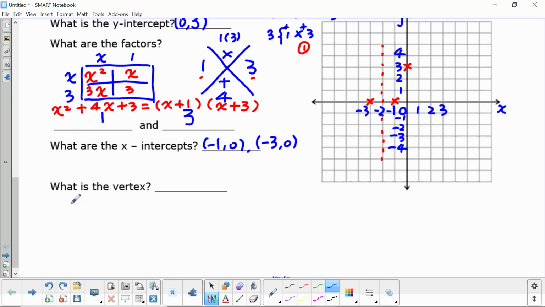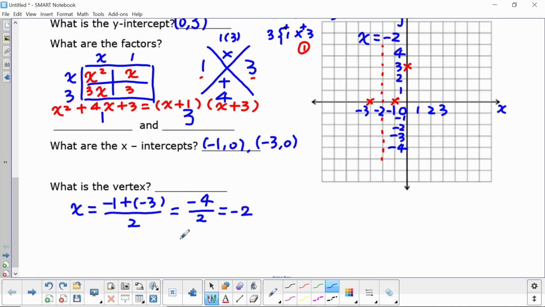It will be x equals the average of these two numbers. So -1 plus -3 divided by 2, you will have -4 over 2. It will give you -2. So this is the axis of symmetry, x equals -2.